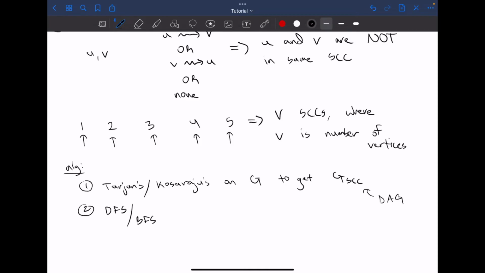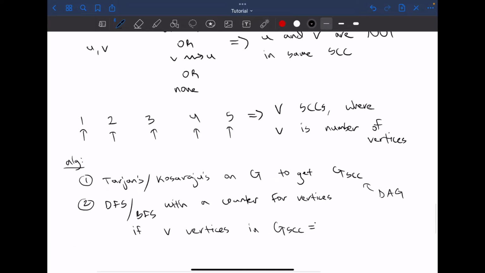We can run BFS or DFS with a counter for vertices. It just keeps track of how many vertices we've encountered. If there are V vertices in the graph of strongly connected components, that means there are V strongly connected components, which means the graph is poorly connected.